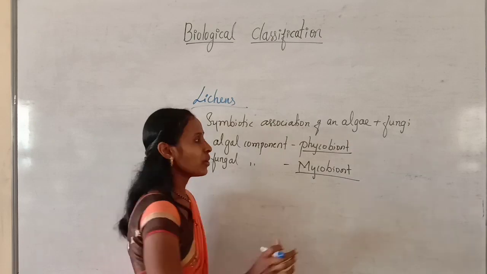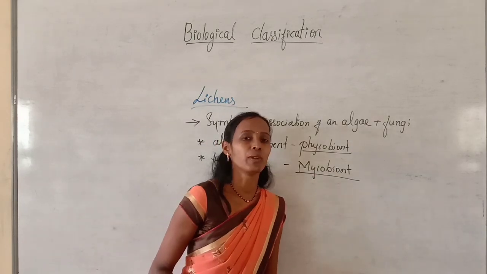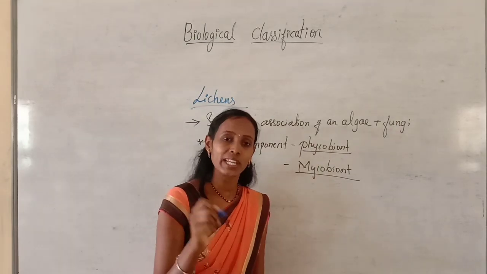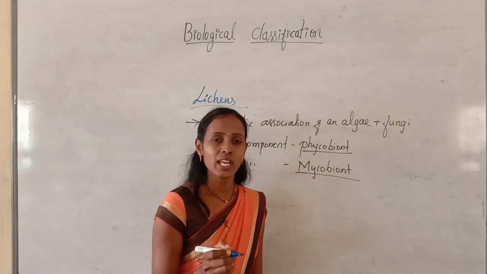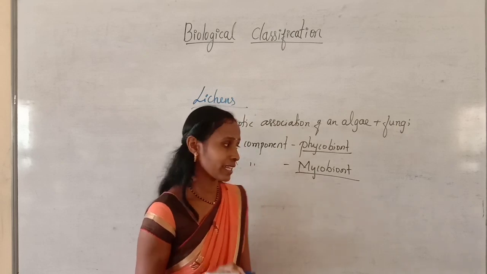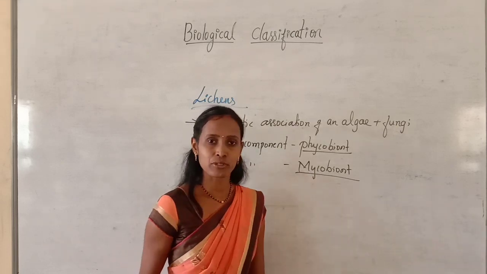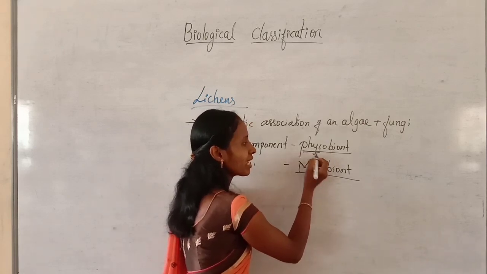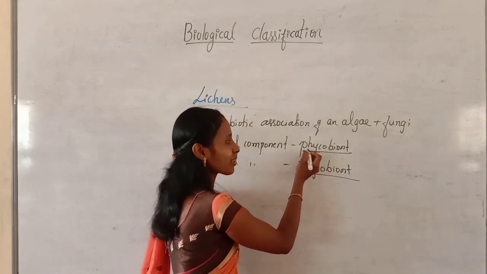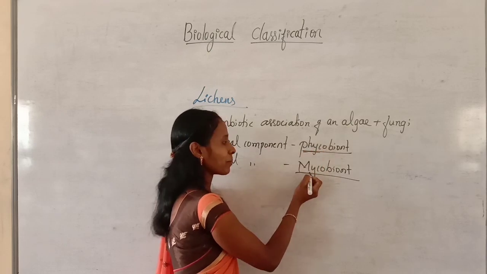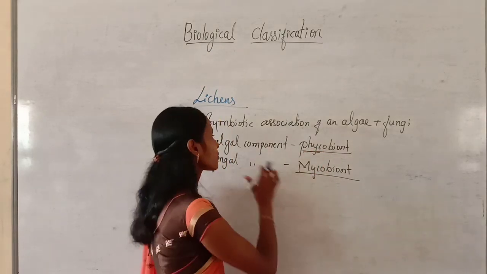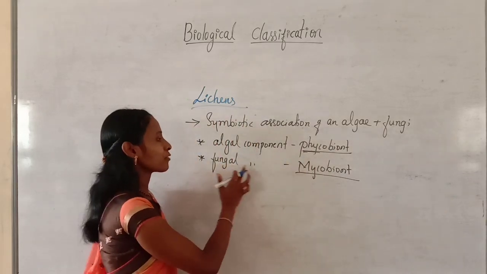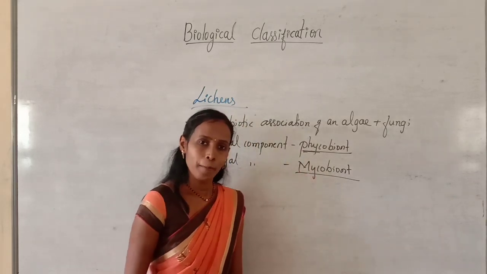While studying algae, you will come to know phyco refers to algae. The study of algae is called phycology. All these you will study in the kingdom Plantae. And myco refers to fungi. The study of fungi is called mycology. That's why they have given these terms. Phyco refers to algae and myco refers to fungi. So the algal component is named phycobiont and the fungal component is named mycobiont.